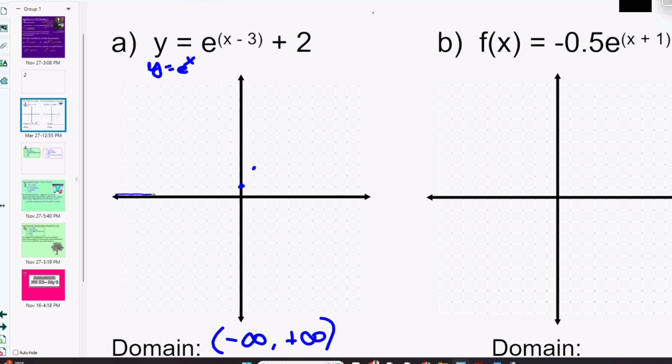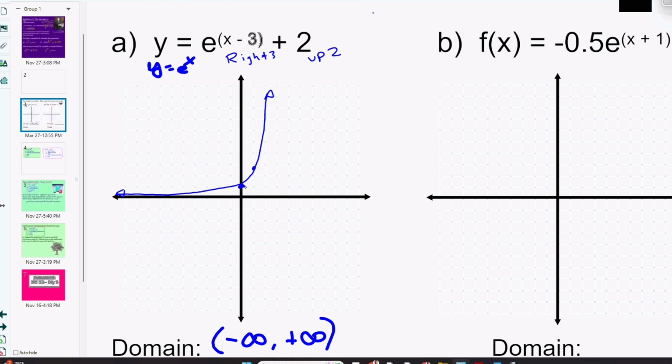So originally it should go through those 2 points like that. Mine should be shifted, like I said, right 3 and up 2. So in red, maybe I'll do that shifting.